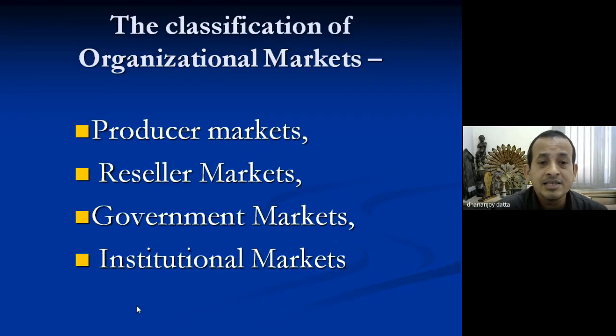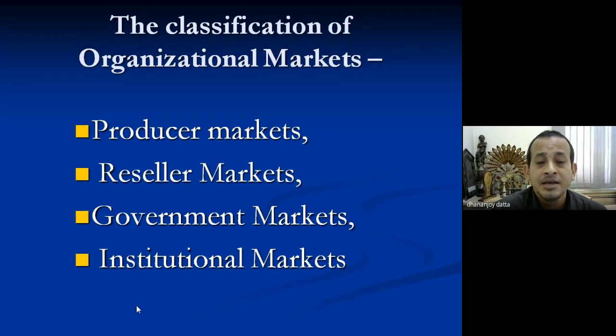Now I will discuss the producer market first. Producer markets are the markets where producers purchase products not to sell to the customer directly, but to include them in producing a final product.